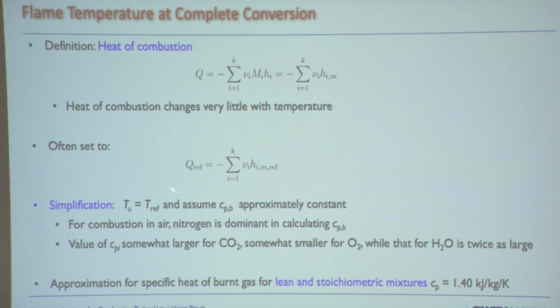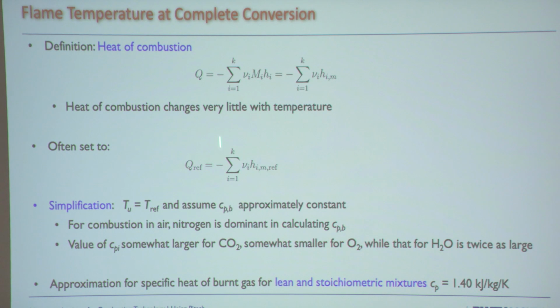And then the other simplification we make is, well, it's not a simplification, it's just a definition: we say the reference temperature should be the unburned temperature. And the assumption we make is that the specific heat should be constant, okay? So that we can integrate the right-hand side.